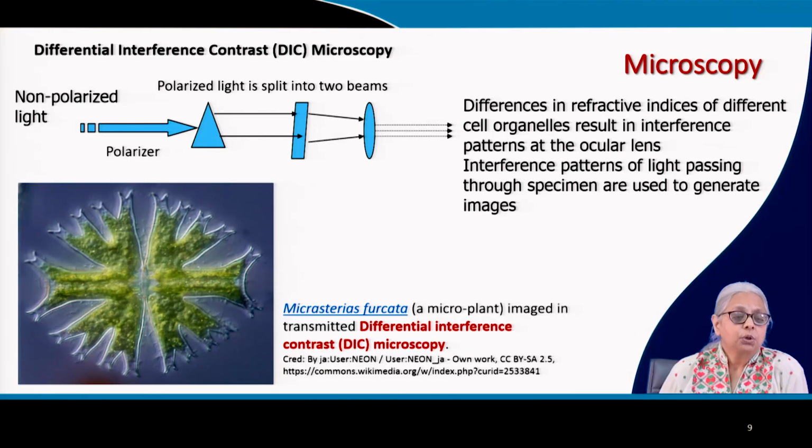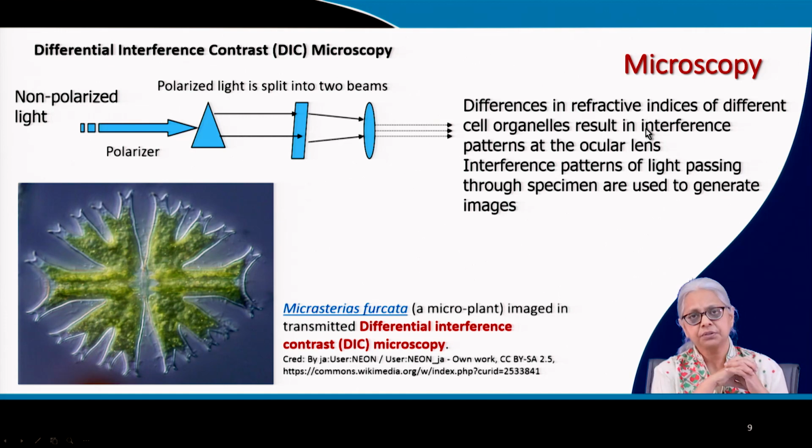The next method is called differential interference contrast microscopy, or DIC. In this case, non-polarized light is passed through a polarizer. The polarizer will split the light into two beams. Those are passed through two prisms, and what reaches the ocular lens, again because of interference patterns that are generated by differences in refractive indices of the different cell organelles, that will create a particular image.